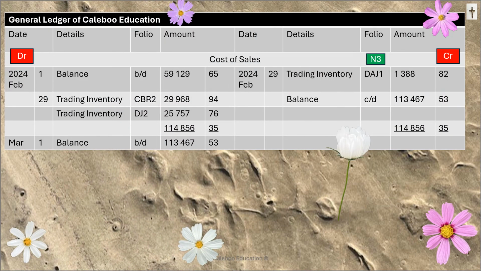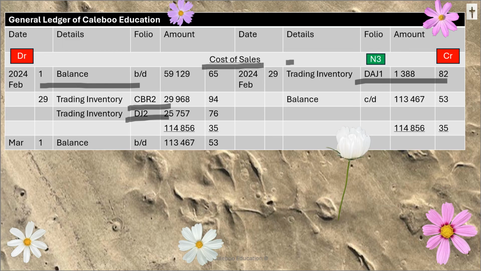And this is what the completed cost of sales account looks like. There's the balance brought down on the debit side from the previous month's trial balance, the entries from the cash book receipts, the debtors journal, and the debtors allowance journal.